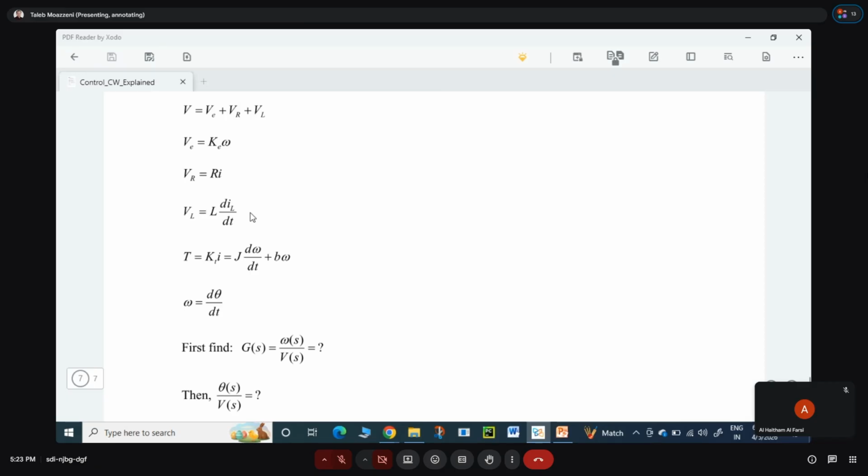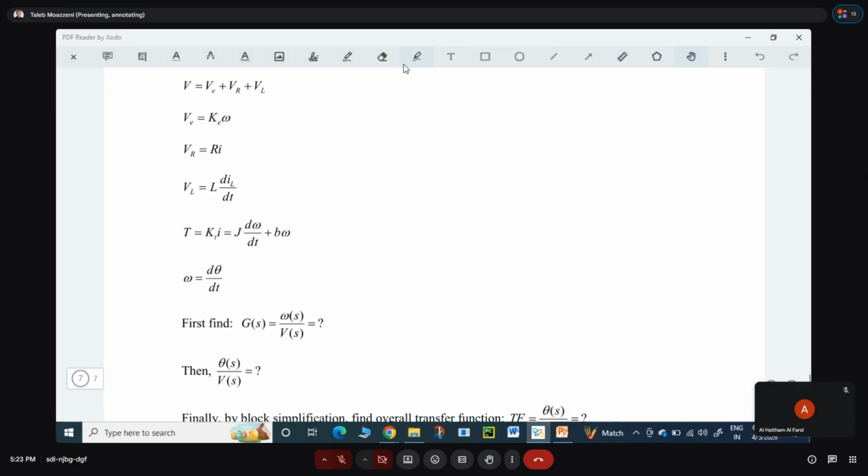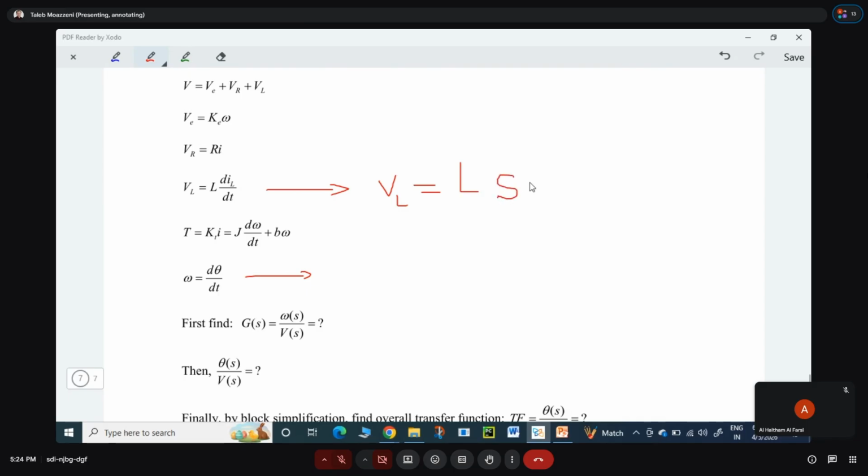So of course you need to write all in Laplace domain. For example, here and here, in Laplace domain, VL equals L s I. You remember when we convert from time to Laplace, we replace d/dt with s.